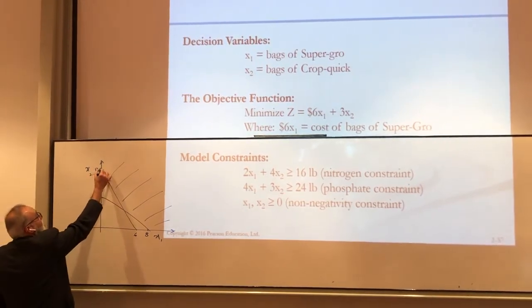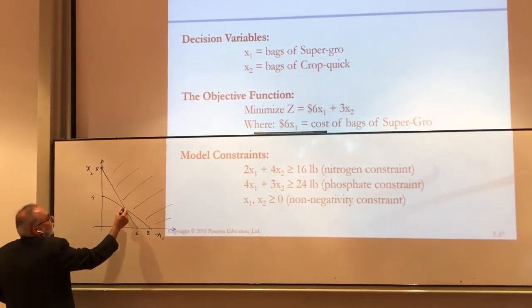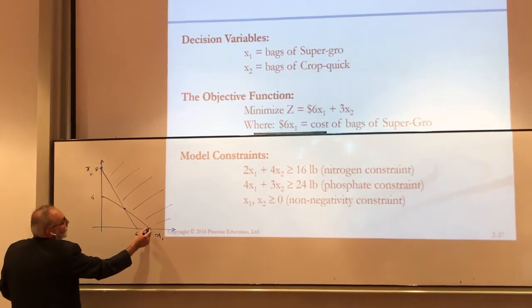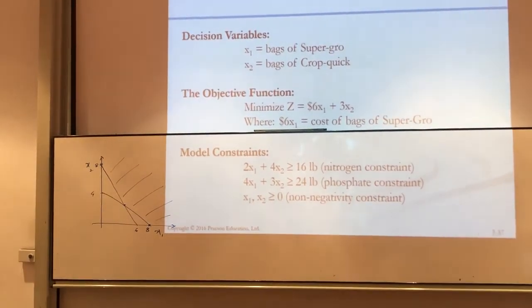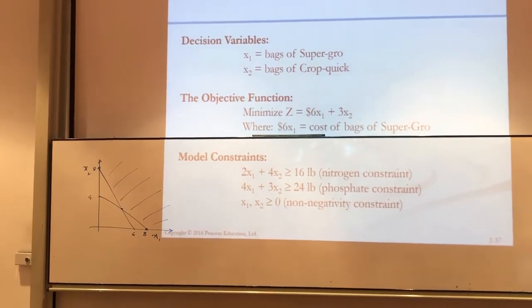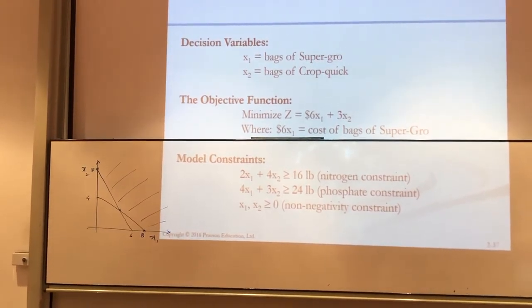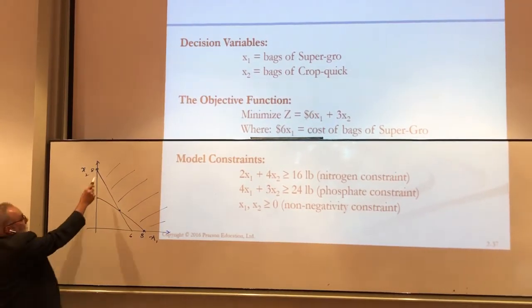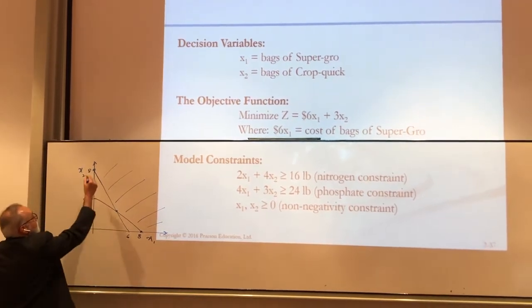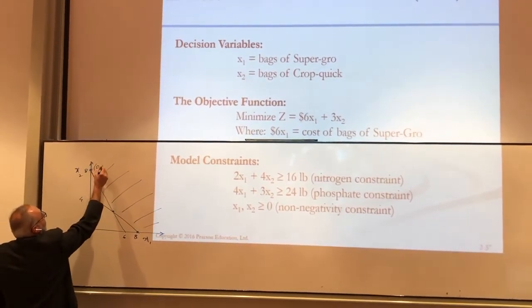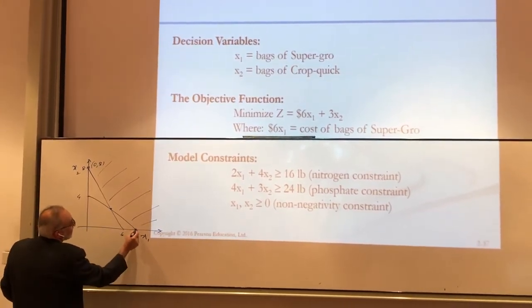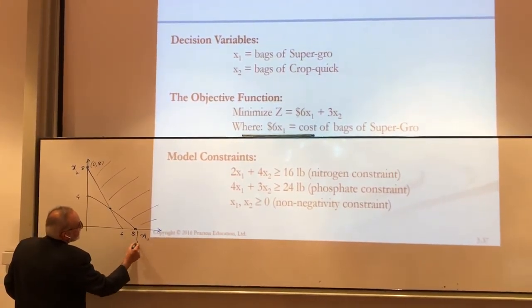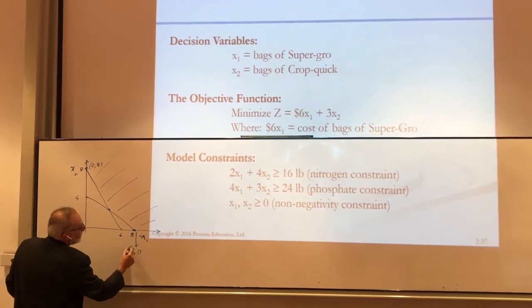And we have 3 corner points here. We have this corner point, and this corner point. What is this corner point? It is 0, 8. And this corner point is 8, 0.